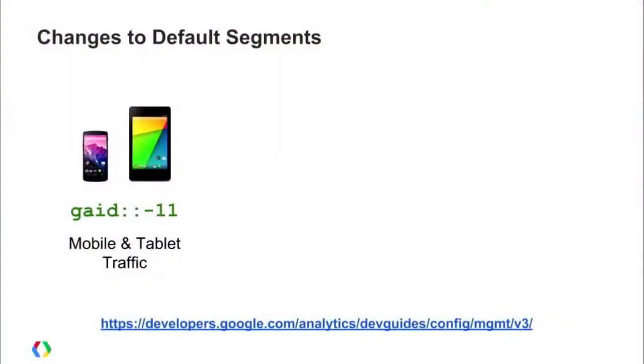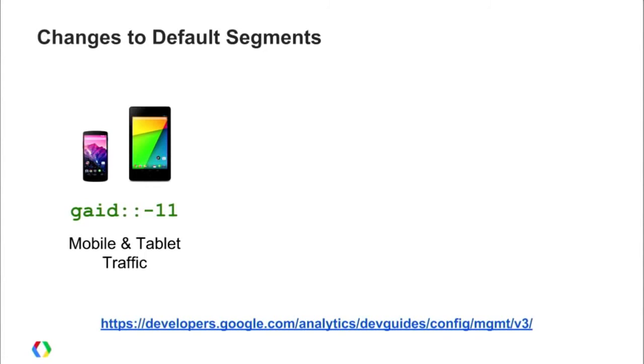If you use the management API, you'll know that the default segments have an ID associated with them. They're actually negative numbers. Prior to this change, negative 11 was just mobile traffic, and it's been renamed to mobile and tablet traffic, so it includes both of those now. That actually hasn't changed from a data perspective. You wouldn't see any change there.